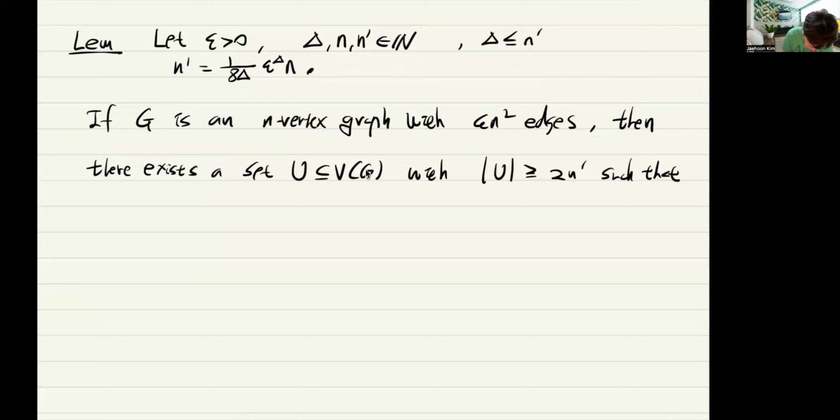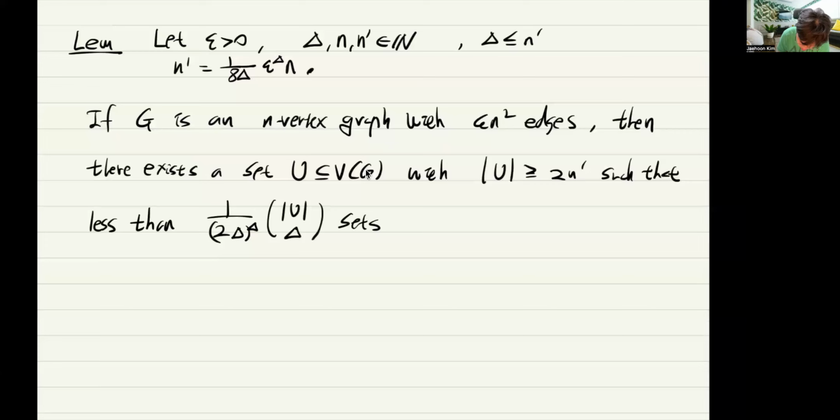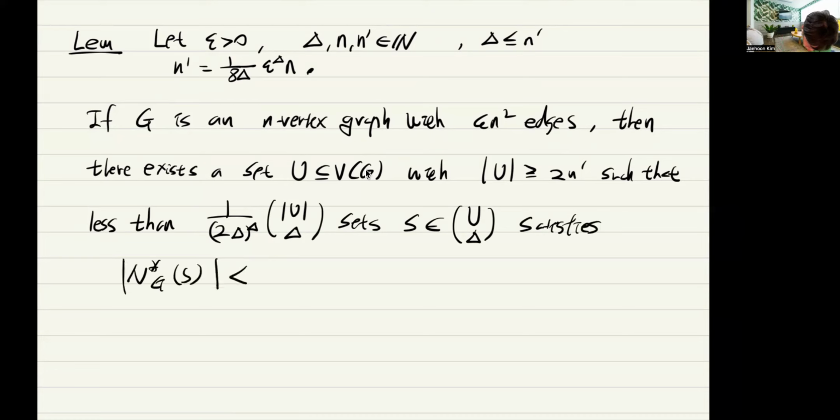So at most, say, the number of sets with small common neighborhood is 1 over 2 delta to the delta times that fraction. So out of all subsets of U of size delta, only this fraction of the sets satisfies that its common neighborhood is small. And here small means smaller than n prime.